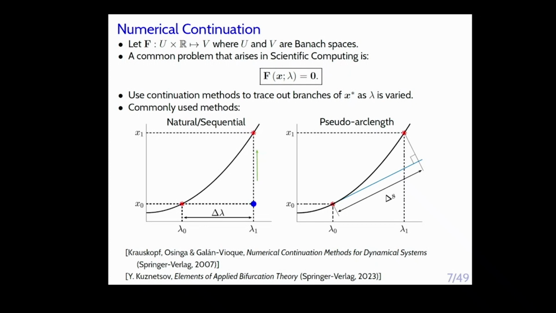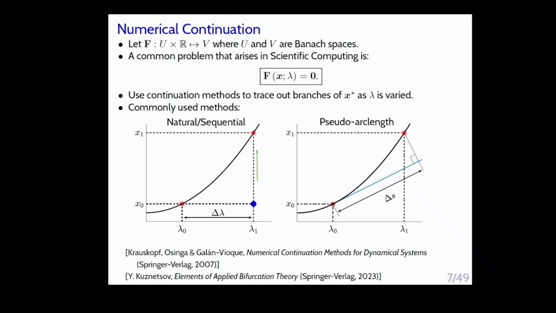However, you might encounter a problem here when you reach a turning point. Because at the turning point, you're going to have a vertical tangent. Your Newton's method will not converge to anything, so you have to do something else. So many years ago, Eusebius Doedel, Kuznetsov, and many other people came up with the idea of pseudo-arc length continuation. So now you're not going to continue over your natural parameter, let's say lambda.